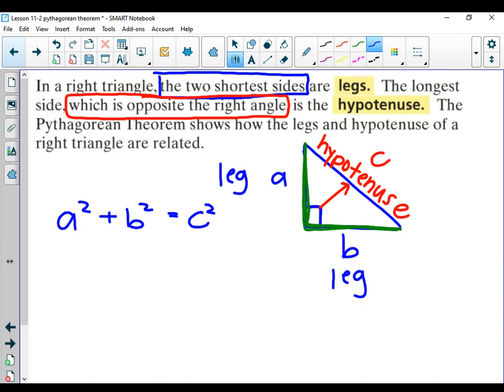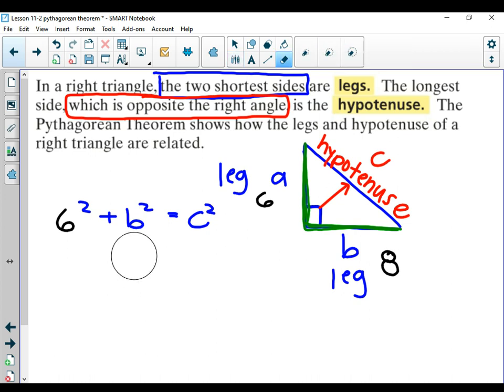If someone told us leg A was 6, A would hop out, 6 would hop in. If someone told us leg B was 8, B would hop out, 8 would hop in.